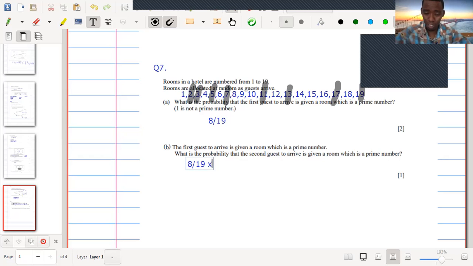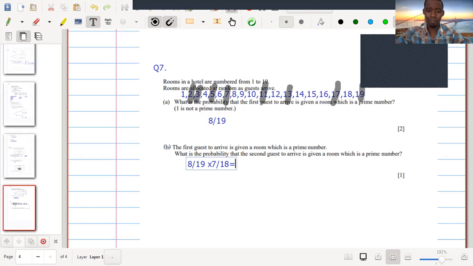One is already fixed. Then for the second one, it will be 7 out of 18. One room will be occupied, so there will no longer be 19. There will be 18. Then that's how we find it.